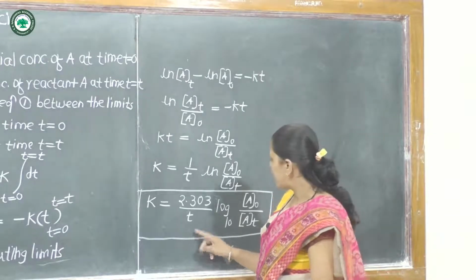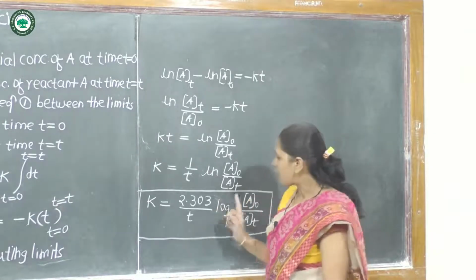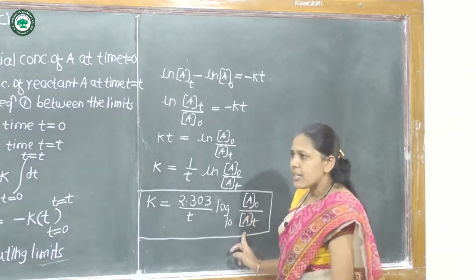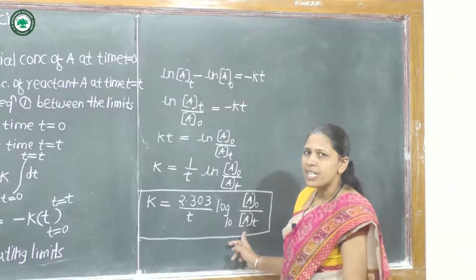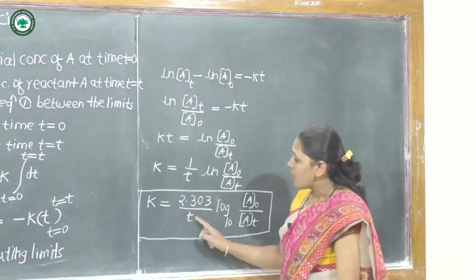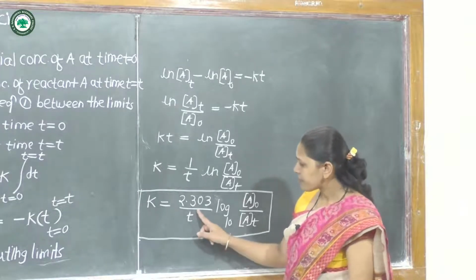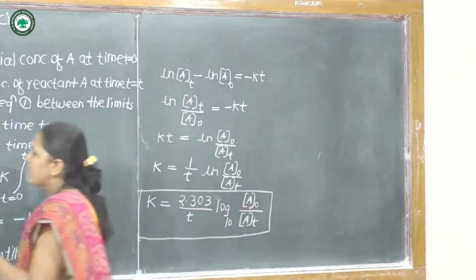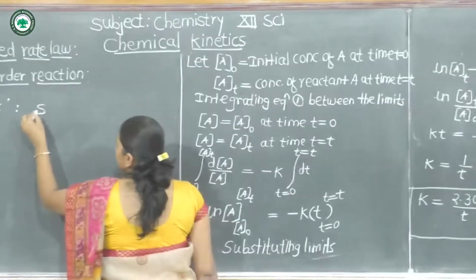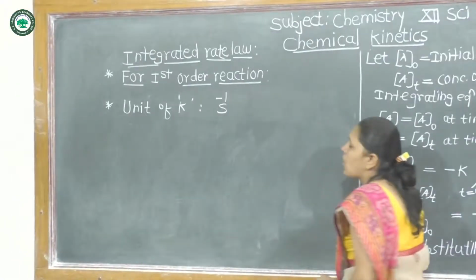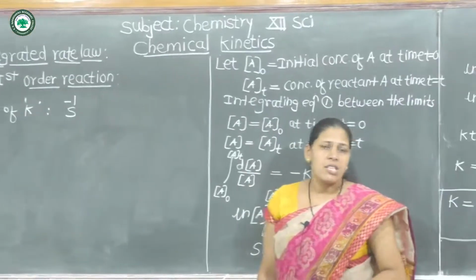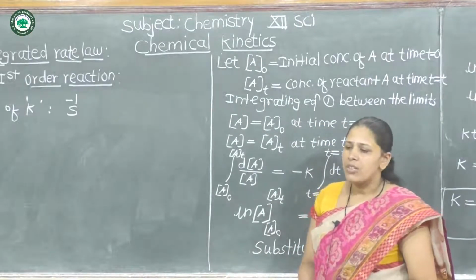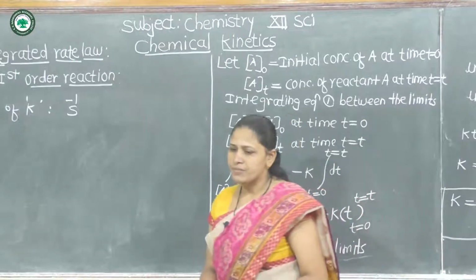It is second. Then log to the base 10: here a concentration term is divided by a concentration term, therefore it gets cancelled. Only the unit 1/second remains, that means second inverse, or per second, is the unit of rate constant for first order reaction.